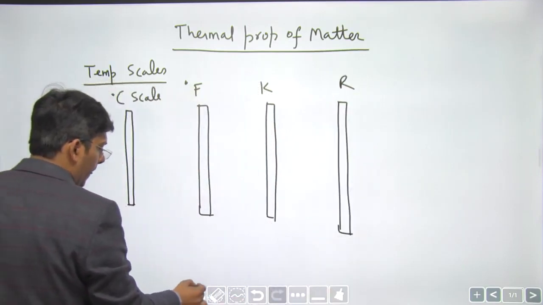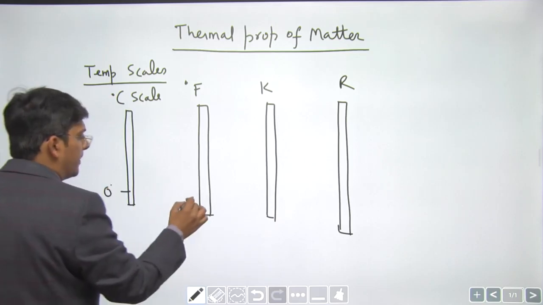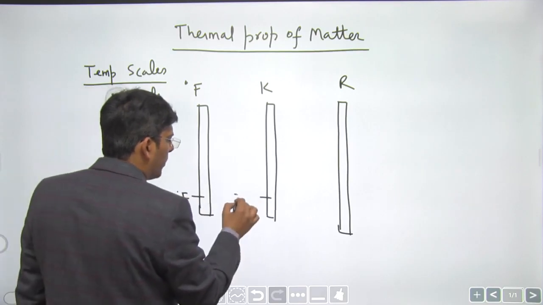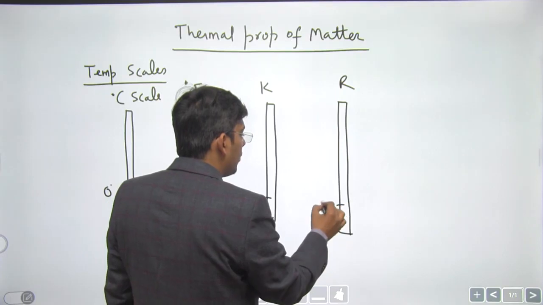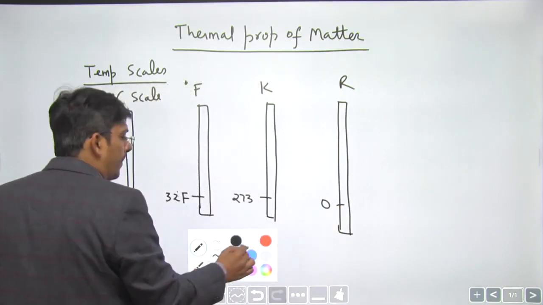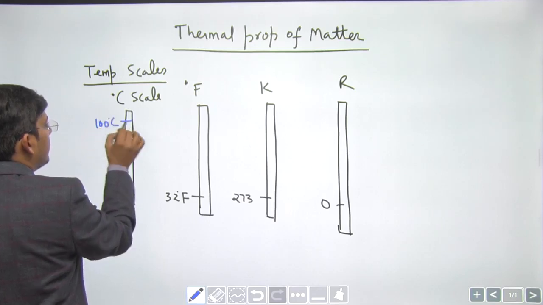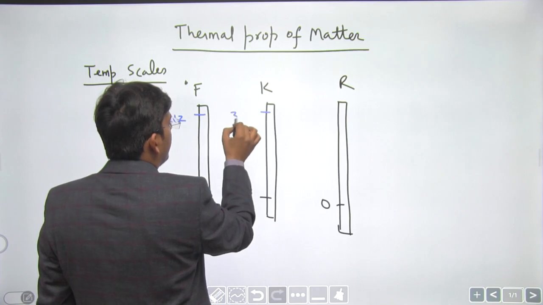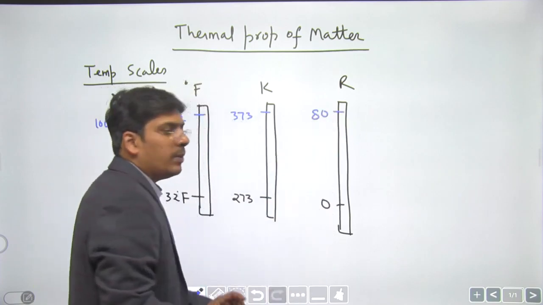Now the lower fixed point, which is the ice point, here is 0 degree Celsius, here it is 32 degree Fahrenheit, here it is 273.15, I am taking it to be 273 Kelvin, here it is 0 degree R. And the upper fixed point, which is the steam point, for Celsius scale is 100 degree Celsius, it is 212 degree Fahrenheit, it is 373 Kelvin, and it is 80 R, right dear students.